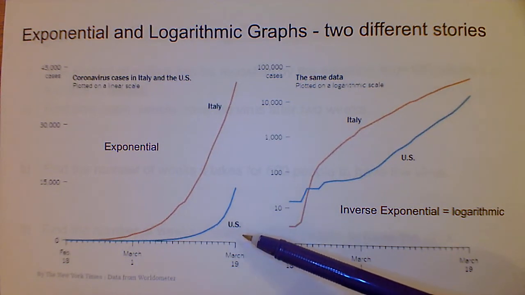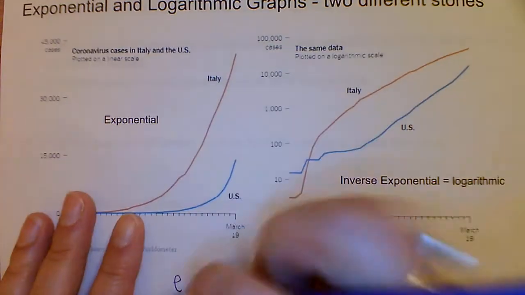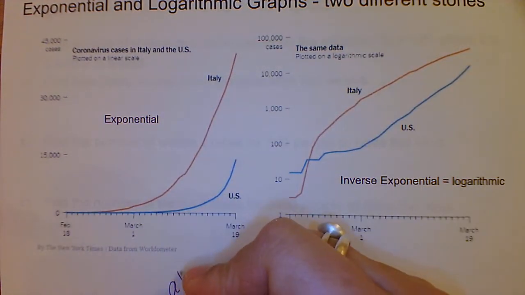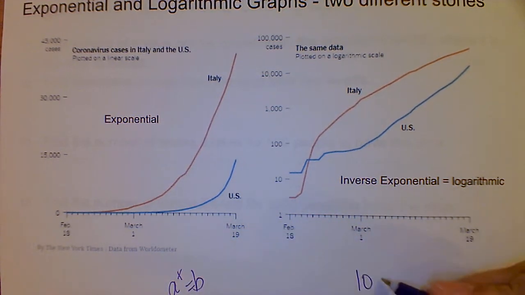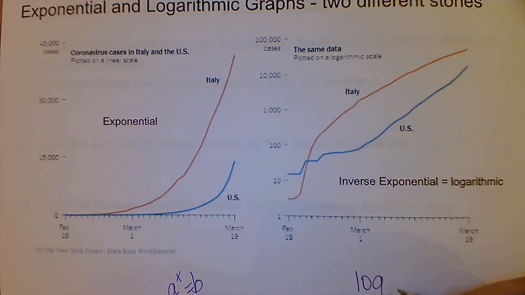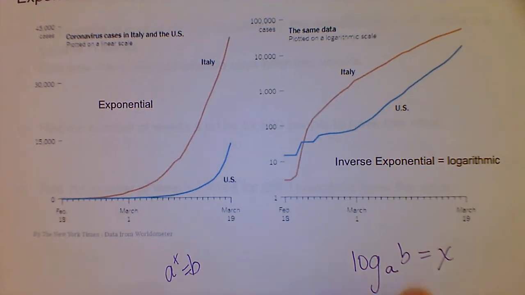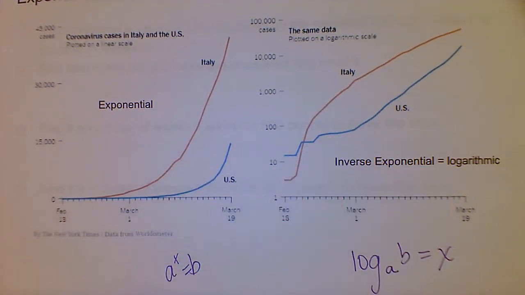Okay, let's now transfer from our exponent equation to our log equation. We're transferring from a to the x equals b over to log base a of b equals x. So we are transferring from this picture now to this picture.